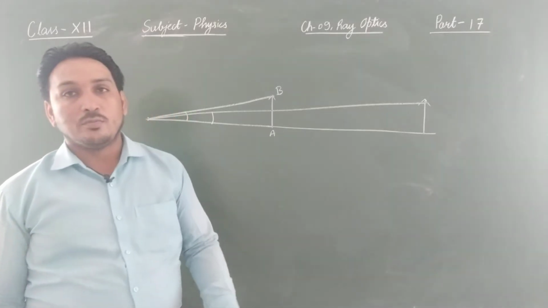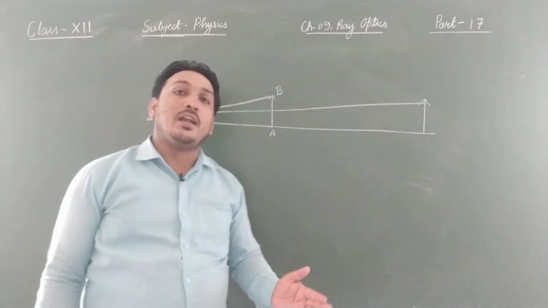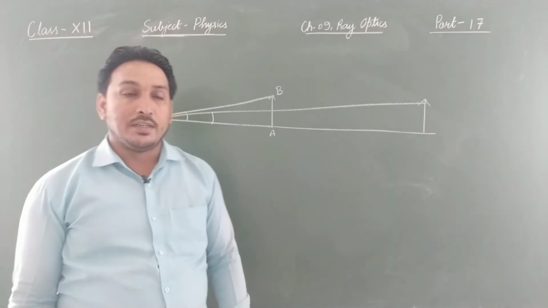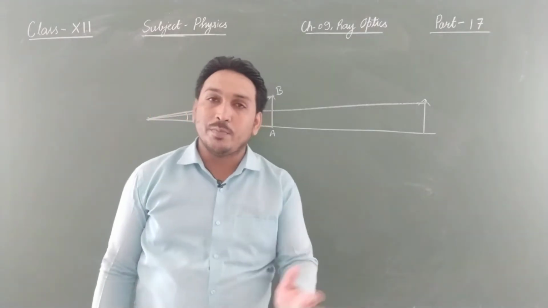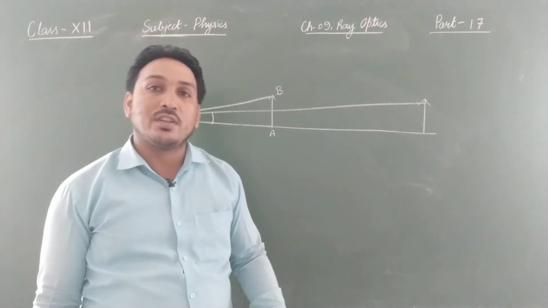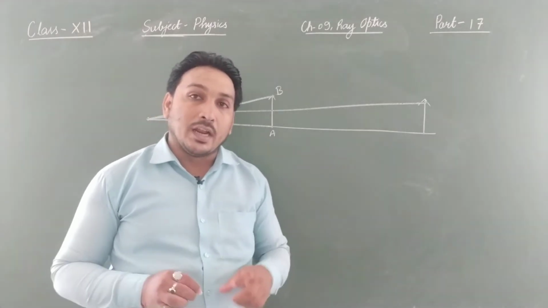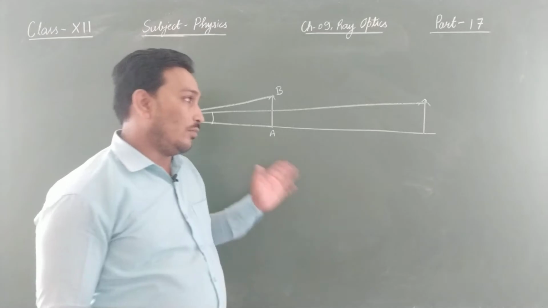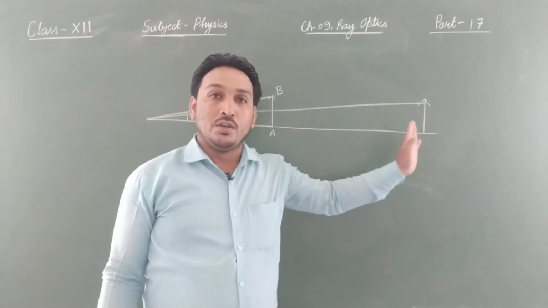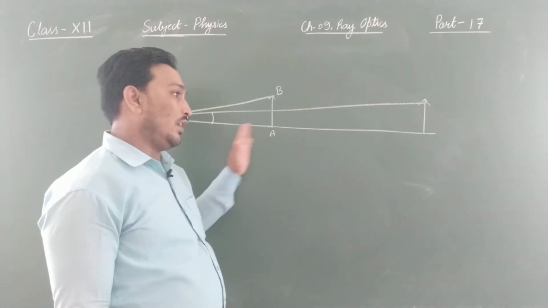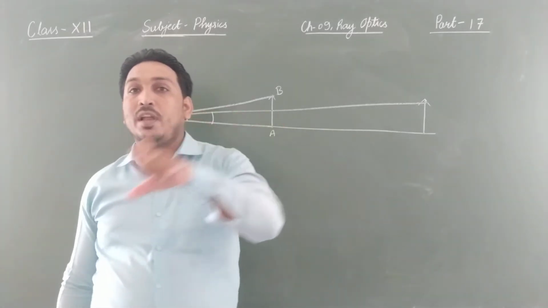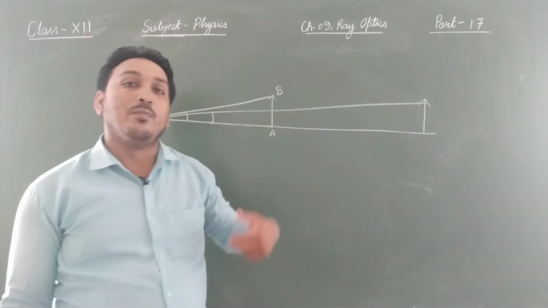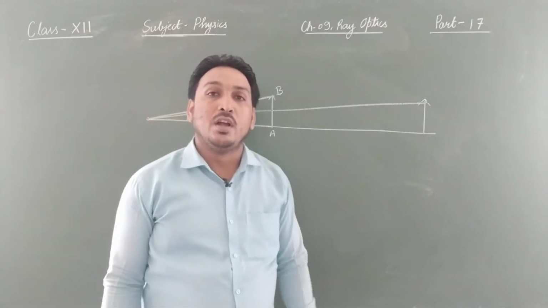So what does a telescope do? Telescope provides angular magnification. It does not magnify the image. The image formed by the telescope will not be larger than the object. But the angular magnification is there. Since the object is very distant from our eye, the image is quite nearer to our eye, and that's why the image subtends a larger angle as compared to the angle subtended by the object.